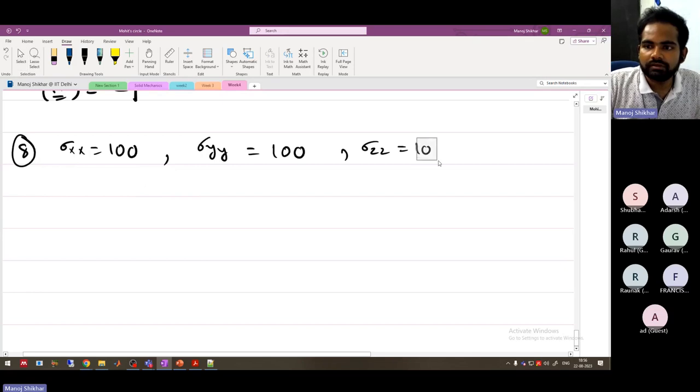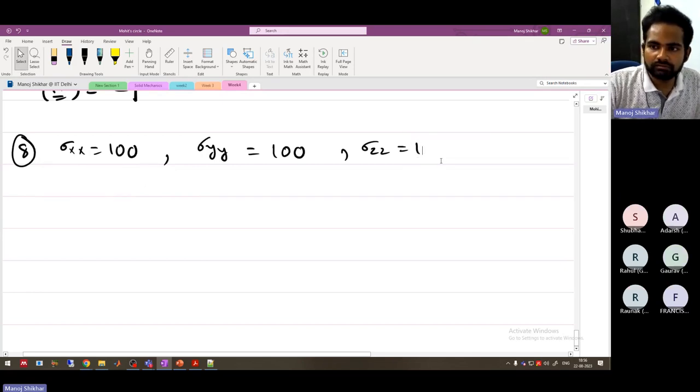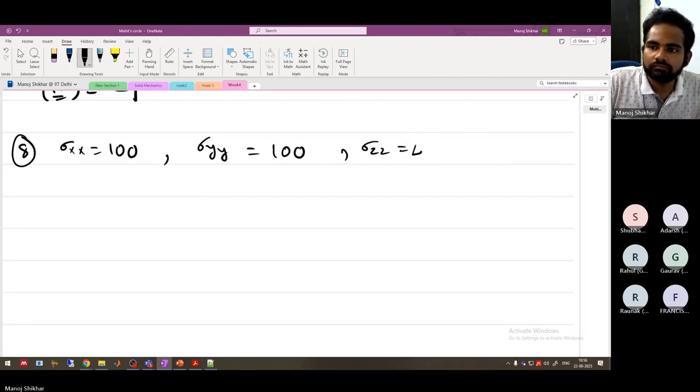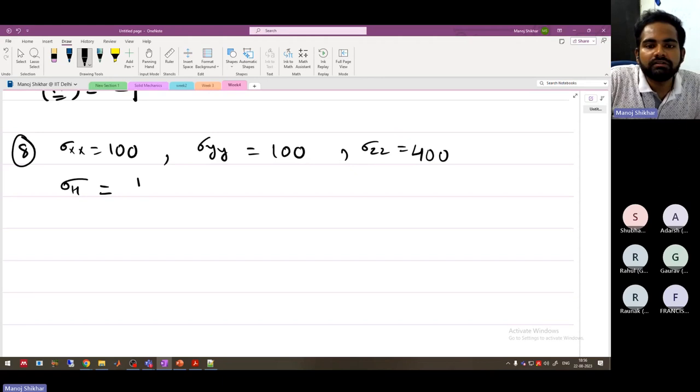It should be 400 here. Sorry for that also. So the hydrostatic part, let me write it as sigma h, is I1 by 3, 100 plus 100 plus 400 by 3.